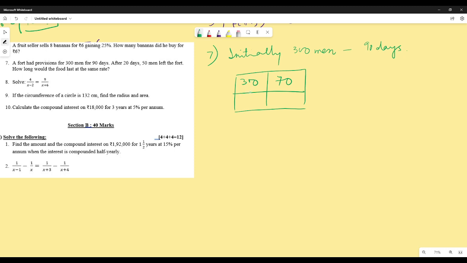So if 300 people are there, then the food will last for 70 days. But what happens is that the number of people gets reduced to 250 because 50 men leave, right?